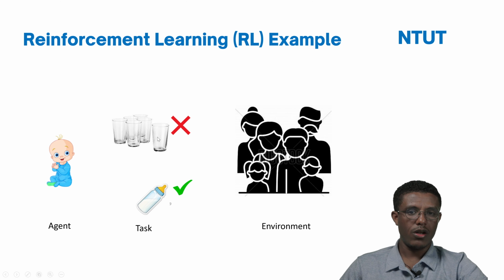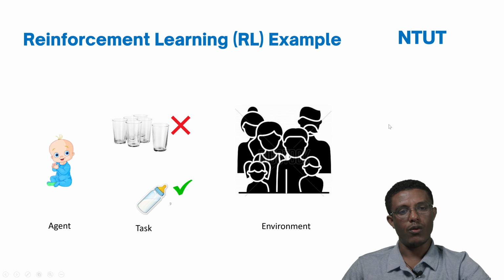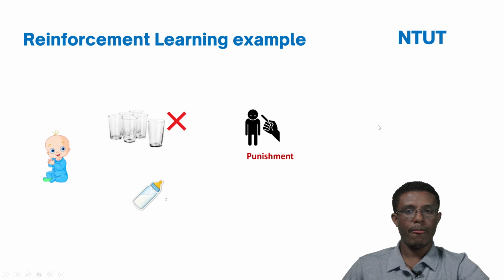If it gets this one, that is a punishment, for example, in the learning process. So when the baby does wrong things, the mother gives this one. If the baby does good things, the mother gives this one, which is a reward, but this one is a punishment.